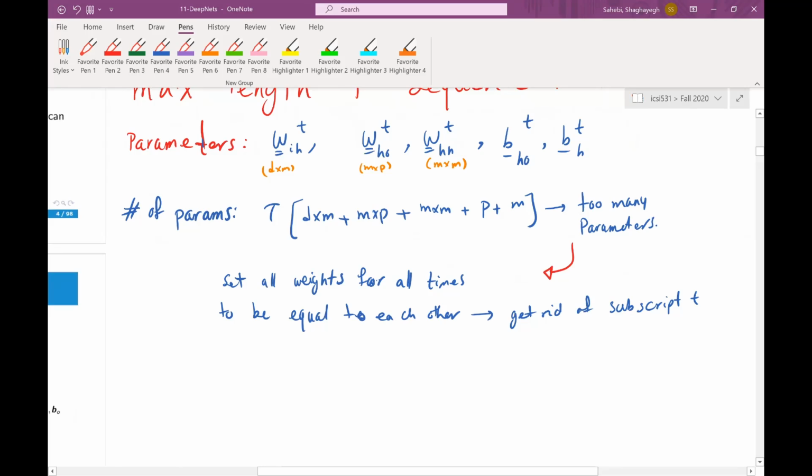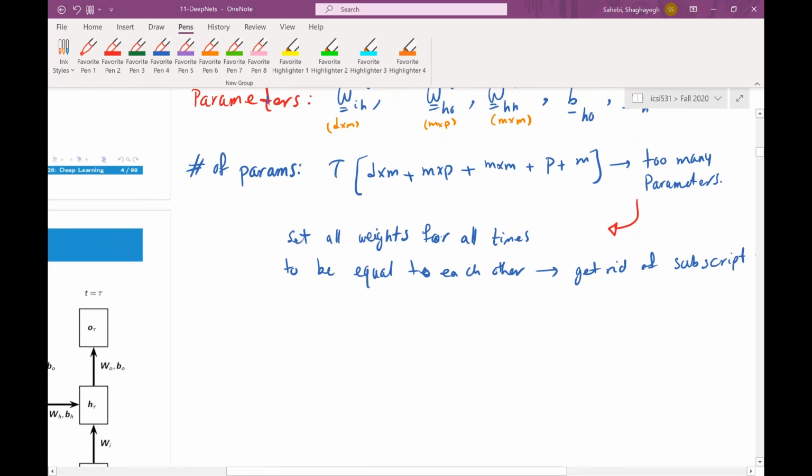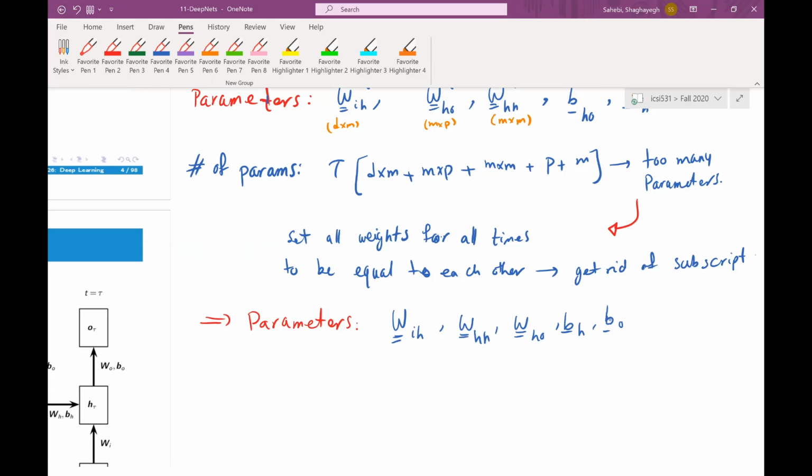We are saying WIH at time 1 is equal to WIH at time 2, etc. So the parameters that we are left with are just the WIH matrix, WHH matrix, WHO matrix, BH vector, and BO vector. This is the set of parameters that we are going to have for an RNN with the structure that you see above.